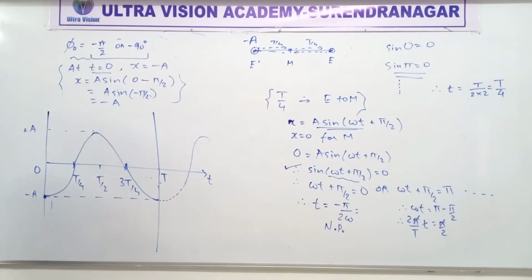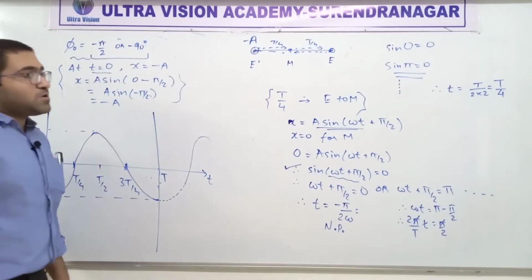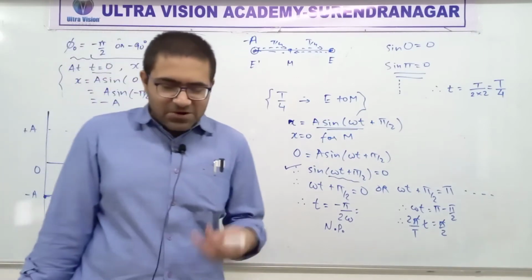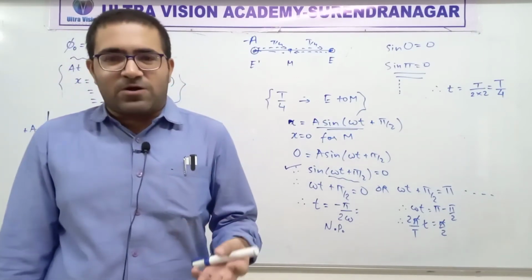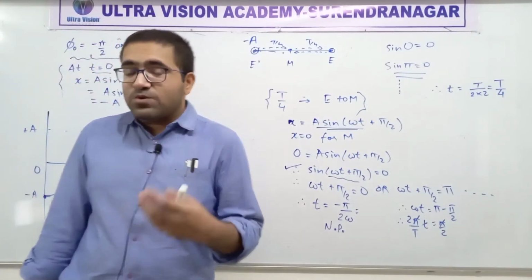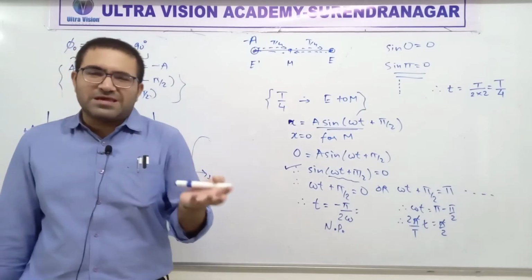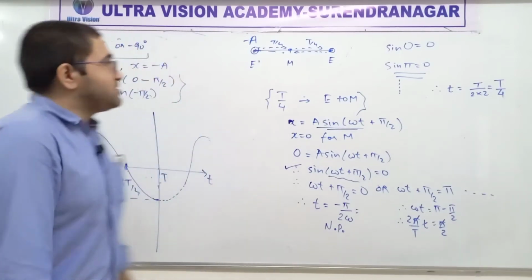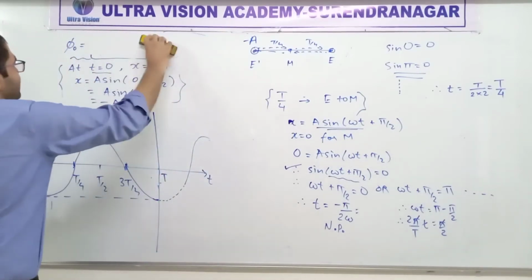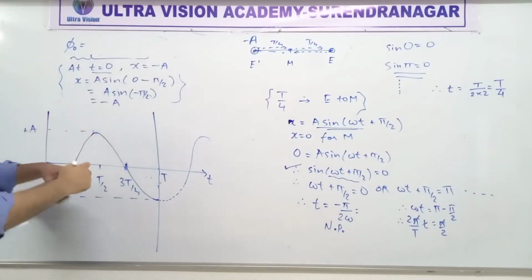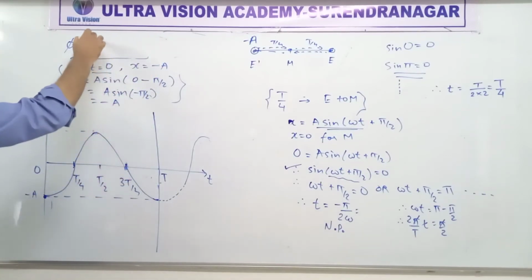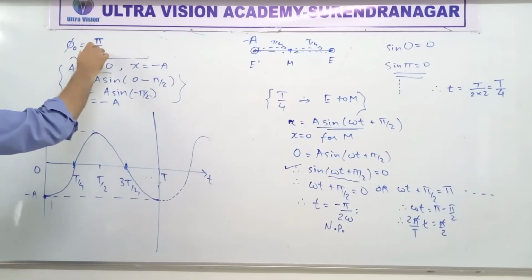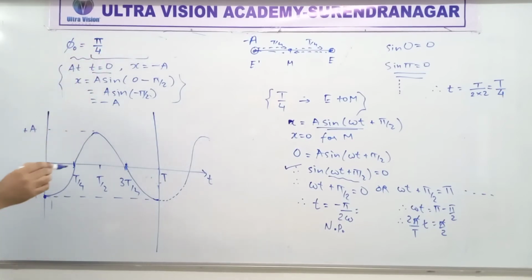Well, right. So these are some of the easy cases of the graph, I'd still say, because we have been taking 0 and 90 and all that. Okay. What if you would take, let's say, 45 degrees as the initial phase? Suppose you take phi 0 as pi by 4, right?